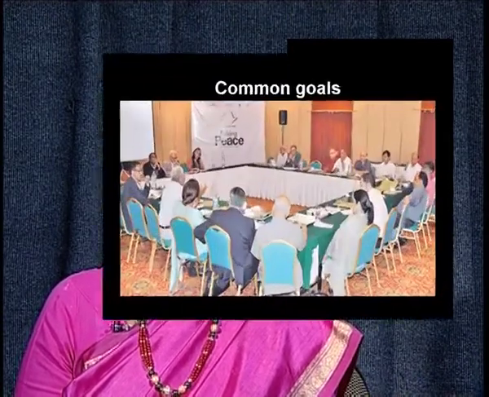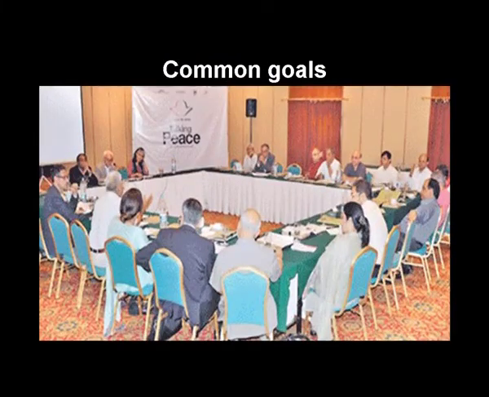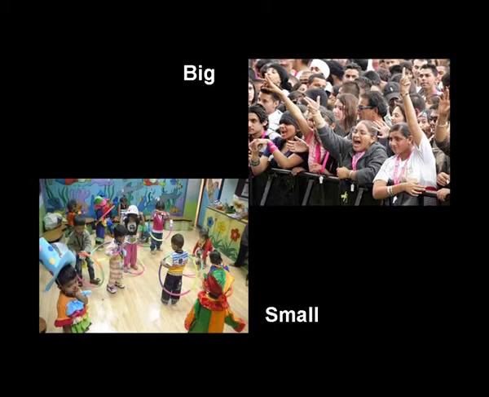Organized groups have the following features. 1. Organized groups have common goals for which there is interaction. 2. The size of the organized groups may be big like a political party or small like a family or a play group. 3.